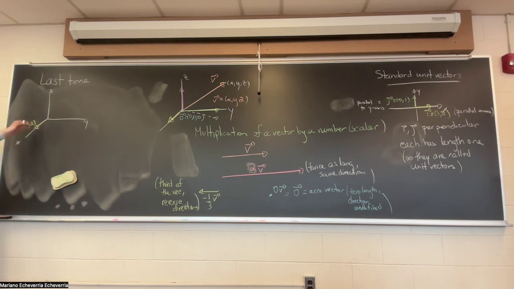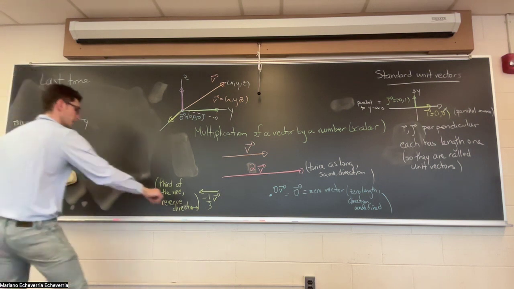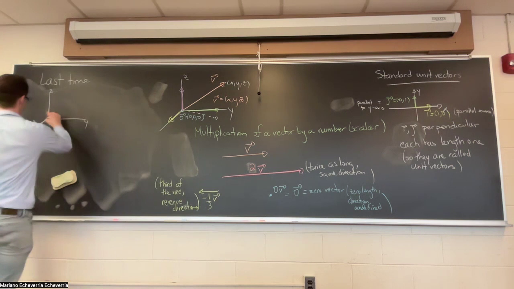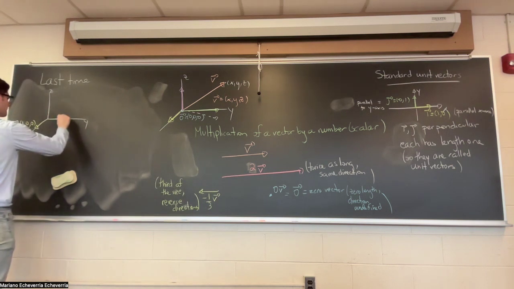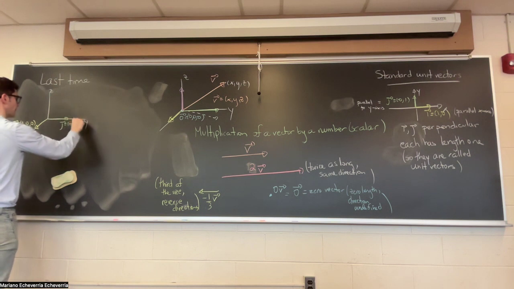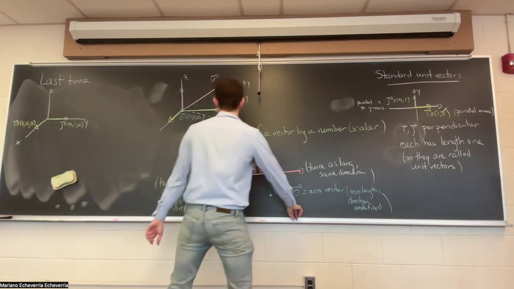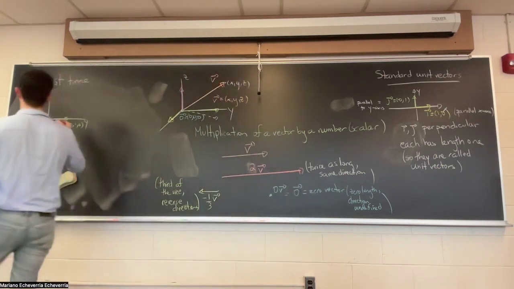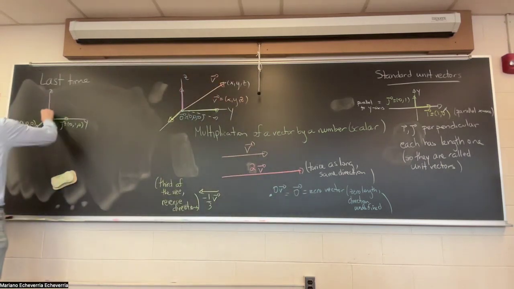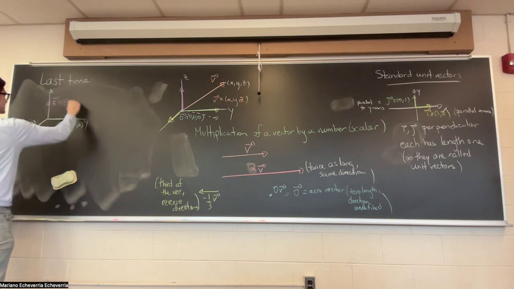So you just have to add a third entry to the vector. And then j goes from the origin to (0, 1, 0). And finally k, continuing with the same colors, is the last one. And this one goes from the origin to (0, 0, 1).